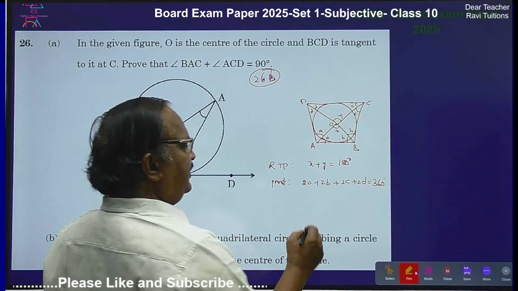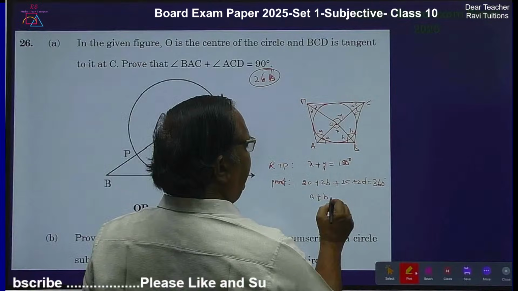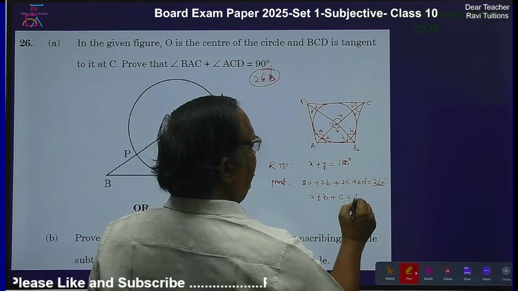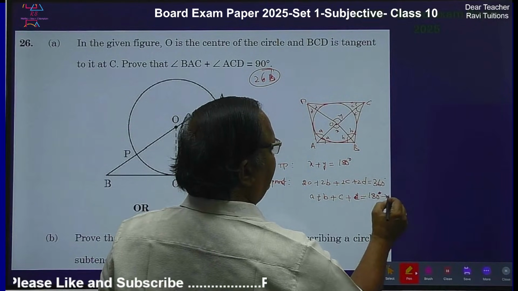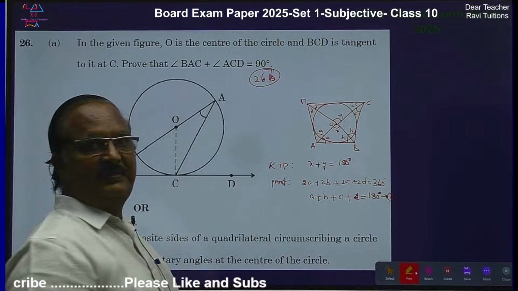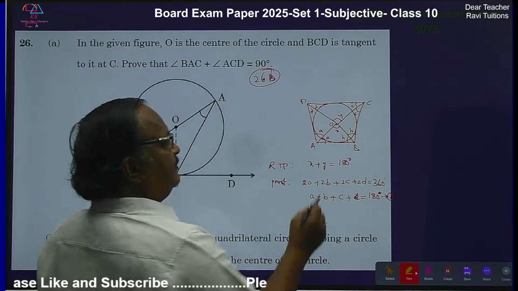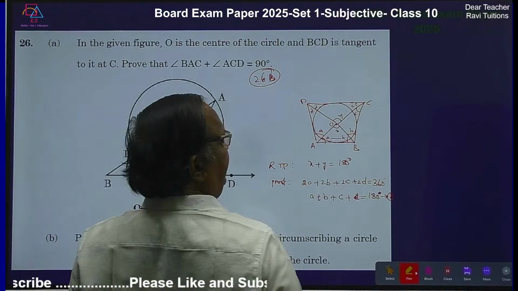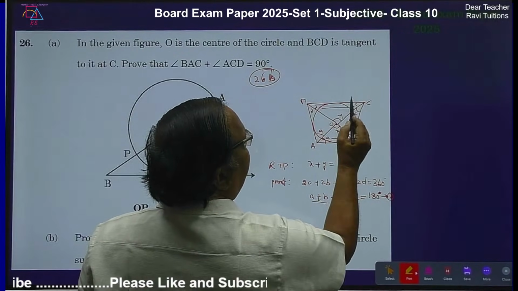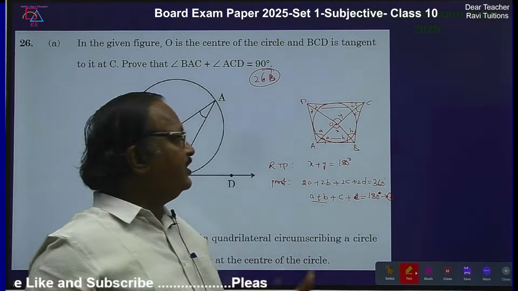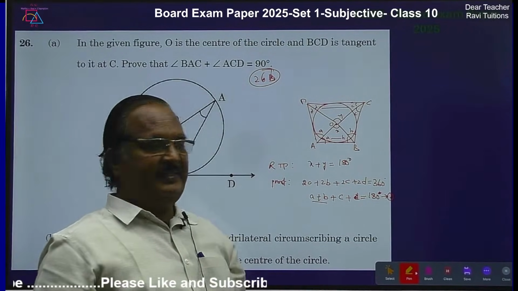So then what happened? A plus B plus C plus D is equal to 180 degrees. This is the first equation. A plus B means this is A plus B. C plus D means this is C plus D, because you have to focus only on A, B and C, D.